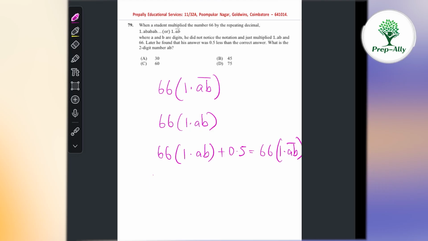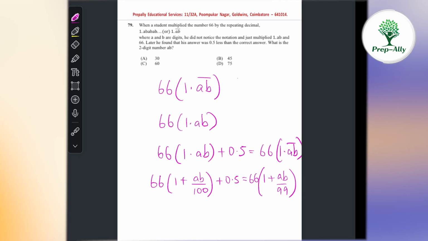And 1 point AB is just 1 plus 0 point AB, and 0 point AB is AB by 100, plus 0.5 equals same thing here. This is 1 plus 0 point AB bar, which is just AB by 99.